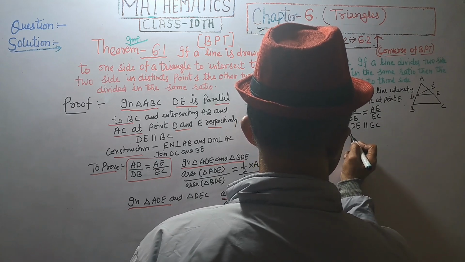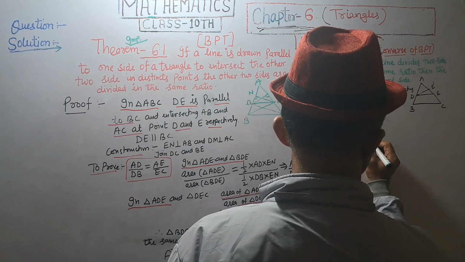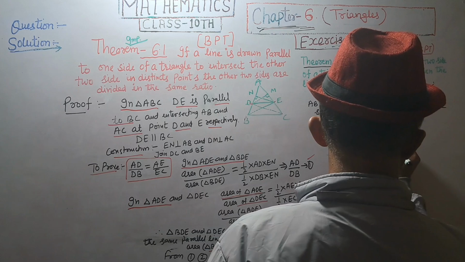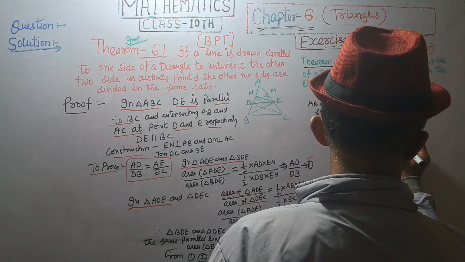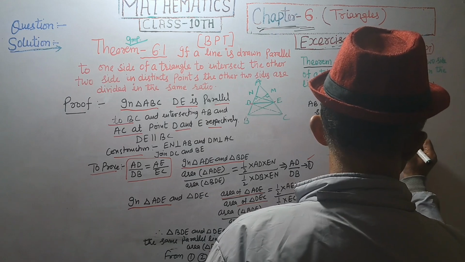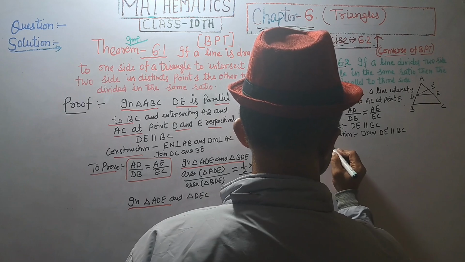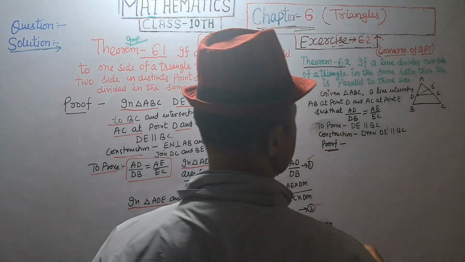Construction: draw DE dash parallel to BC. Proof.